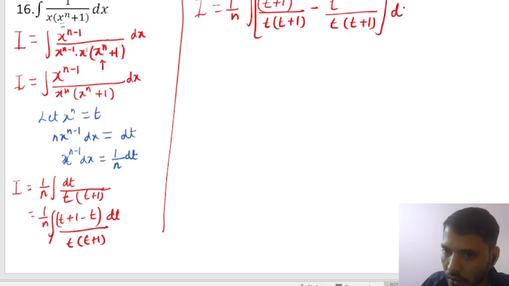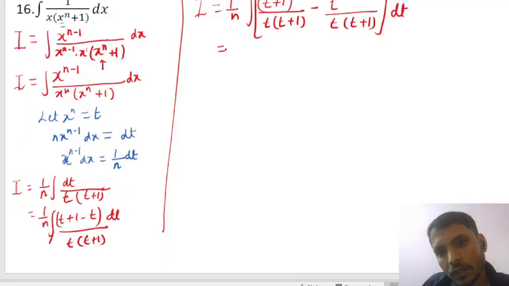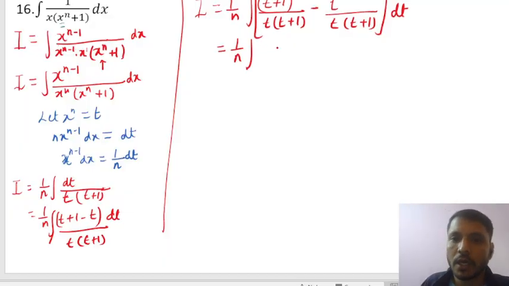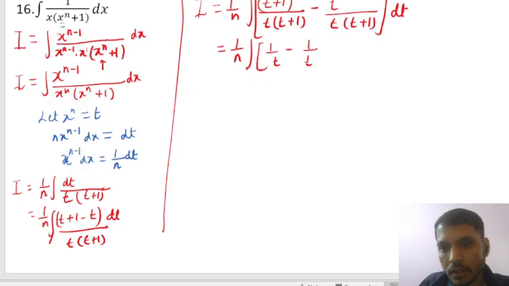And then into dt, right? So it will become 1 by n, integration of, t plus 1 will get cancelled out. Here we will get 1 by t, and here t will get cancelled out, 1 by t plus 1 dt.